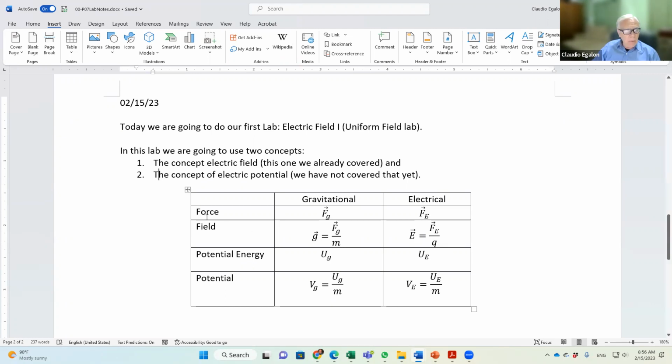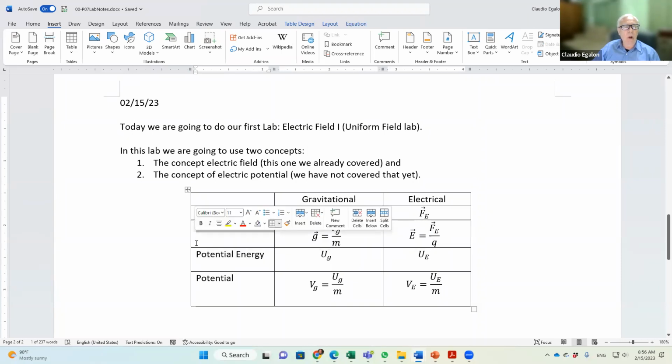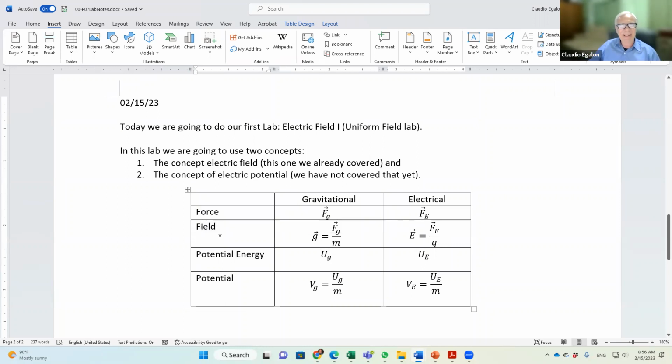So we have the idea of force, and the idea of field. You have seen that in mechanics already, in Physics 6. And even the potential energy, you also saw that in mechanics. It just happened that in mechanics, we didn't call it a field, we called it the acceleration of gravity.